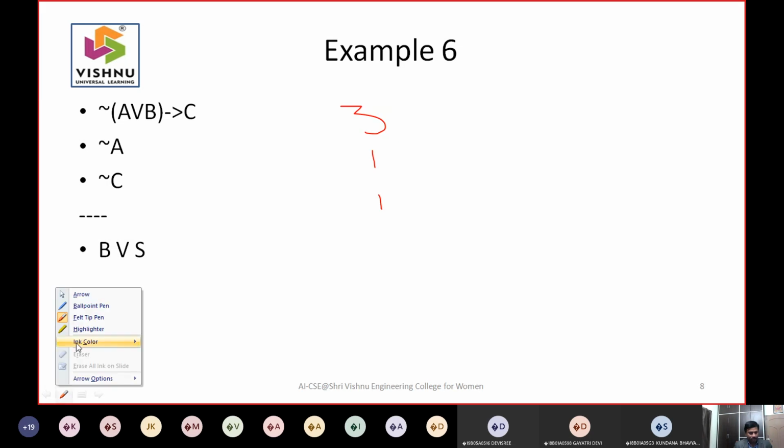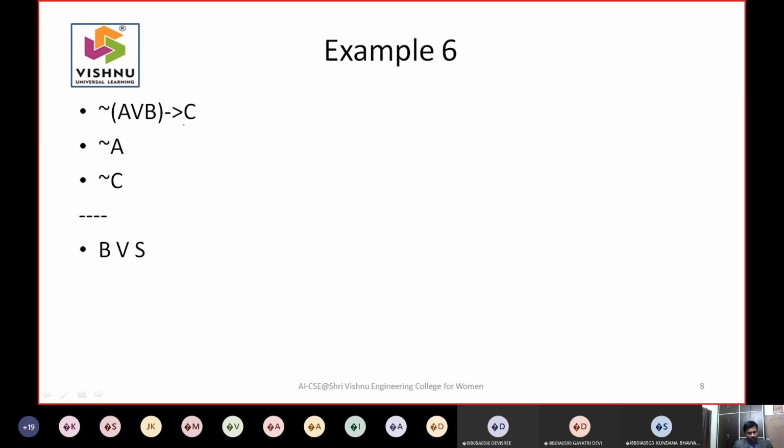I will just erase this part. Most of the problems that I have done today were discussed earlier in the classes. That is the reason I'm going at this pace.